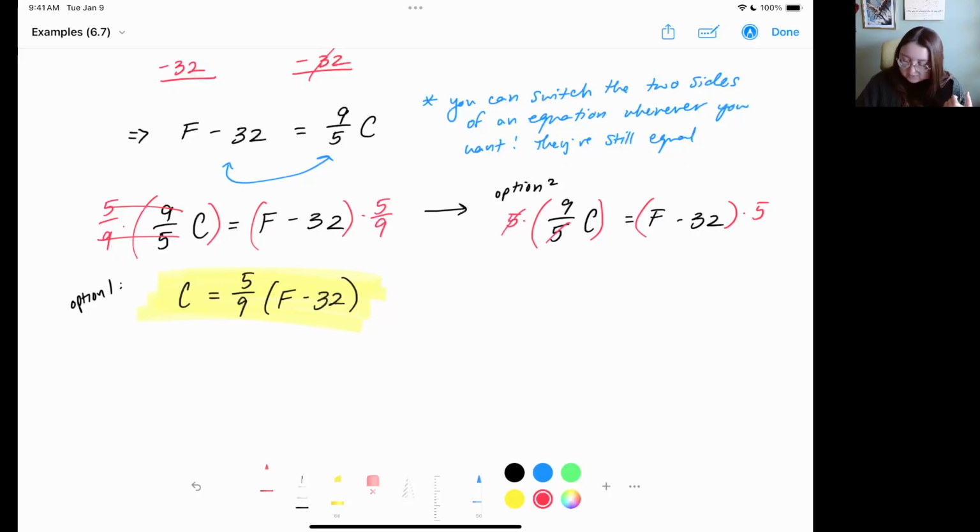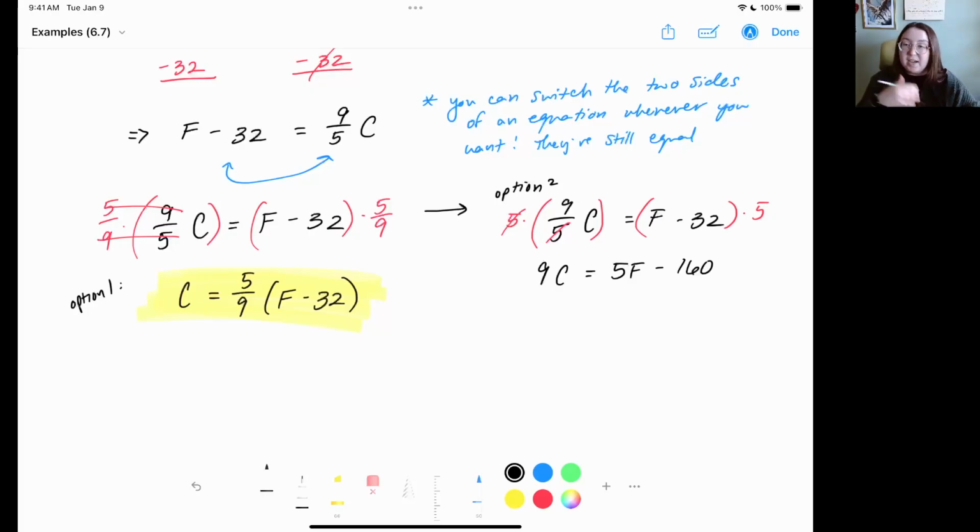And that will cancel out the 5 on the left. That will leave you with 9c is equal to, and now you can distribute that 5 if you want, 5f minus 32 times 5, which is 160.